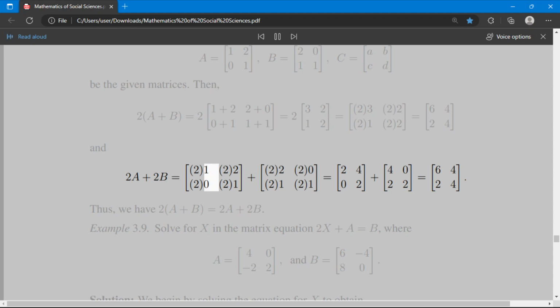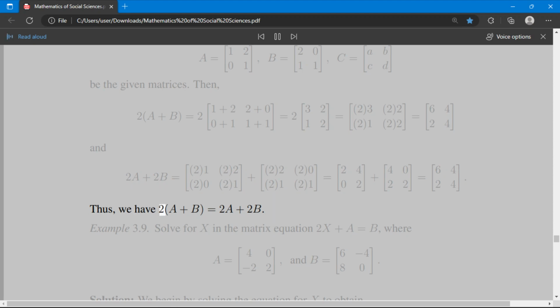And 2A plus 2B equals [2 4; 0 2] plus [4 0; 2 2] equals [6 4; 2 4]. Thus, we have 2(A plus B) equals 2A plus 2B.